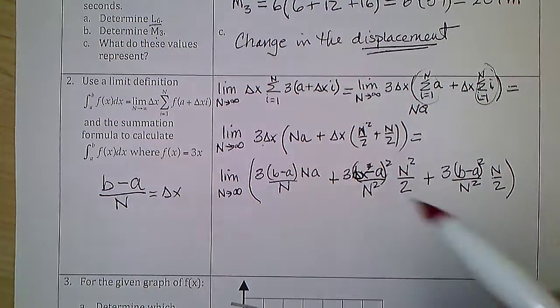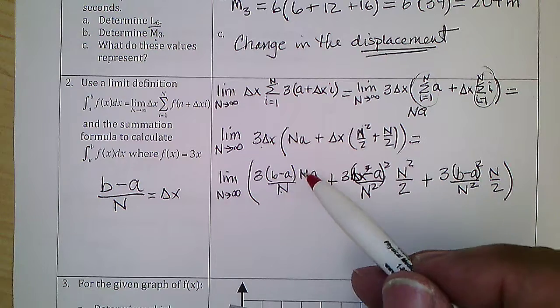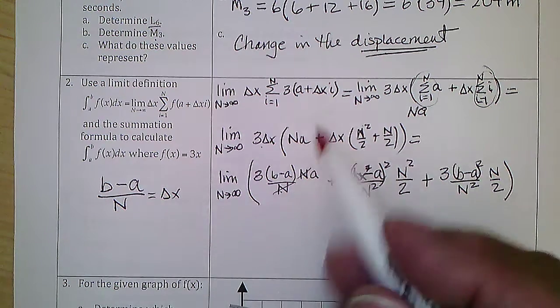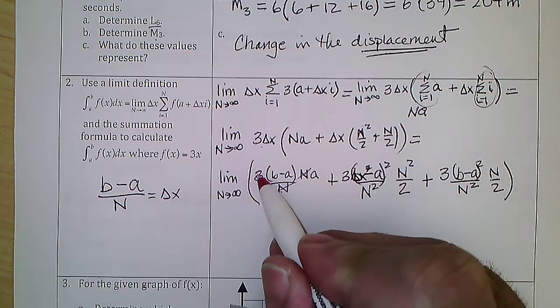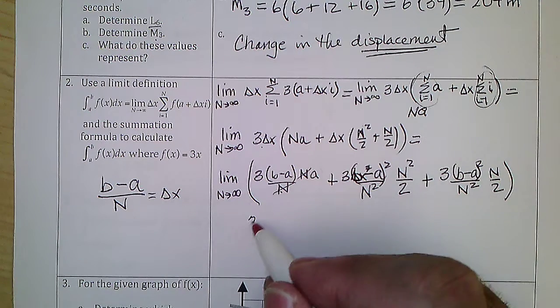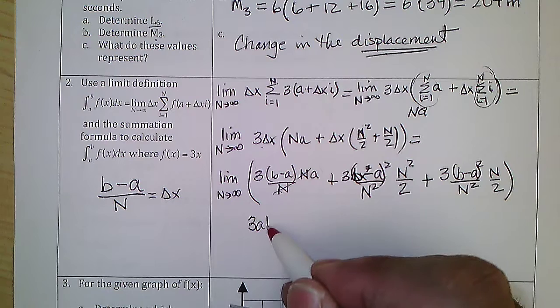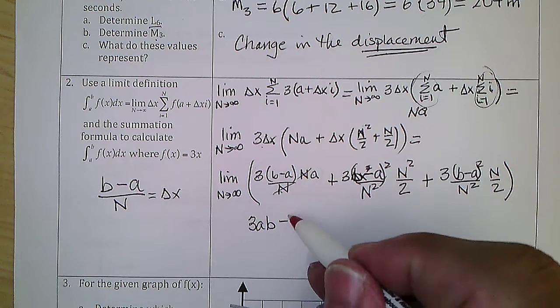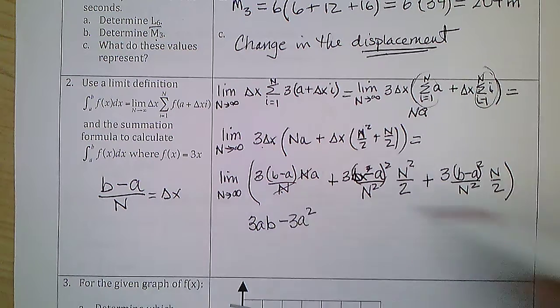All right. As n goes to infinity, well, these two cancel, so there's no n involved in here. So we got 3a times b, and we got 3a times the minus a, which is minus 3a squared.